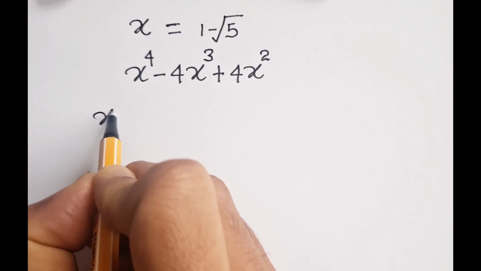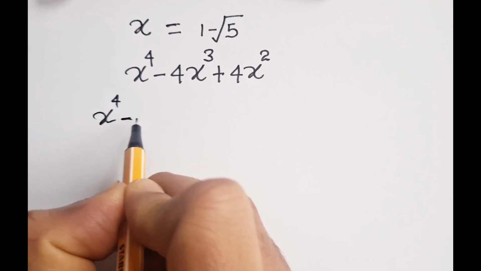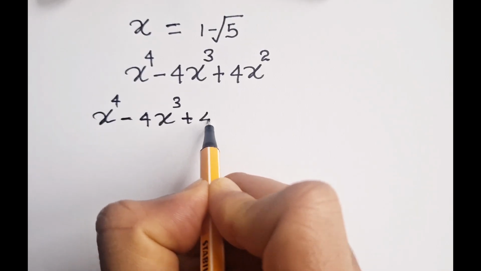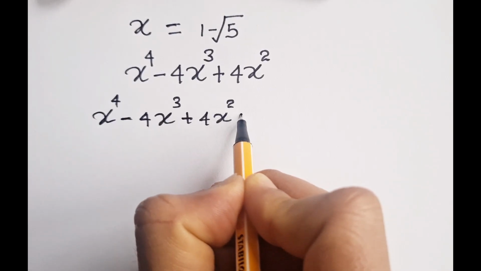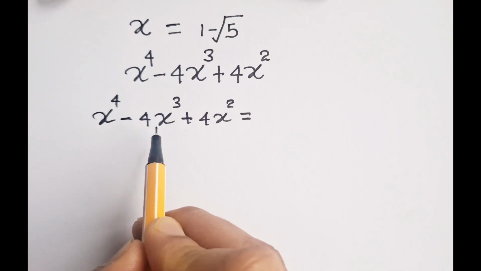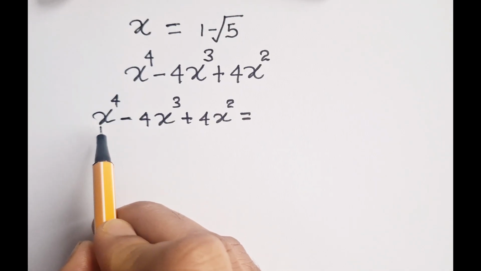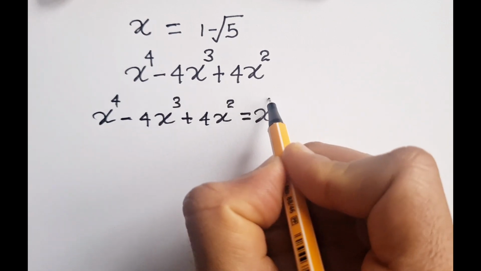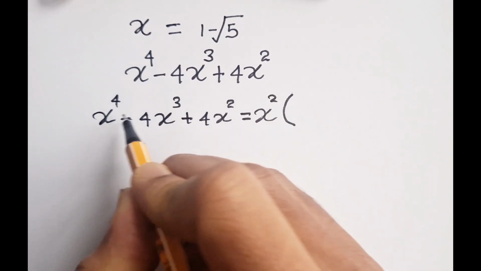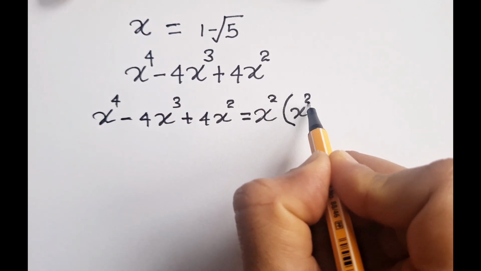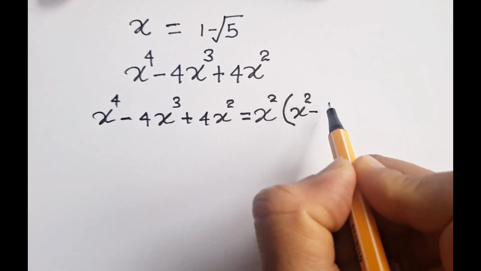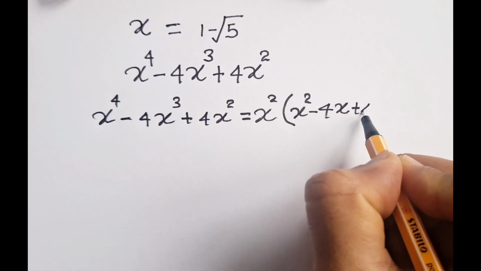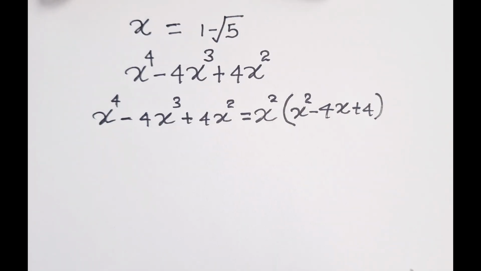So x to power 4 minus 4 times x to power 3 plus 4 times x square. Here we can see x square is a common factor. I'm going to take the common factor out, x square, and then here we got x square minus 4x plus 4.